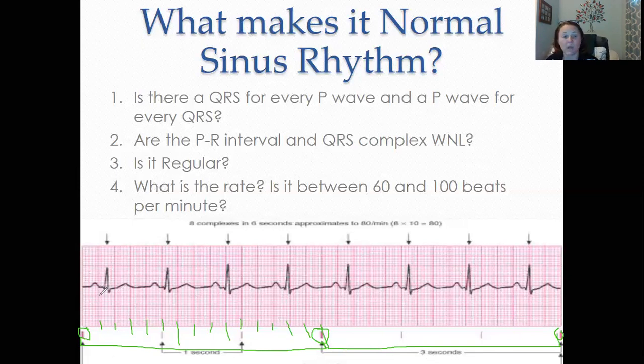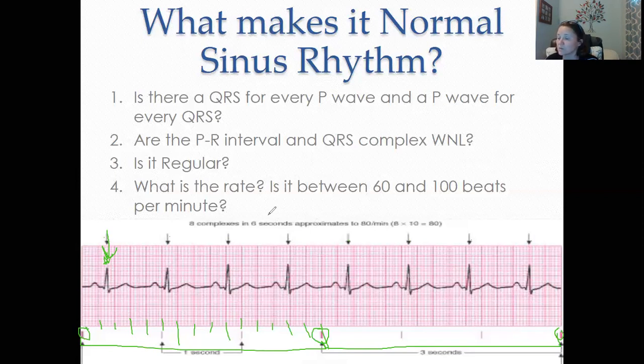So what we'll do is we'll count our QRS complexes. Remember, your QRS complexes are the ones that represent ventricular contraction, which represents perfusion. So that's what we're going to check. Up here at the top, these arrows are pointing to these QRS complexes. In this one, we've got 1, 2, 3, 4, 5, 6, 7, 8 QRS complexes in a 6-second strip.